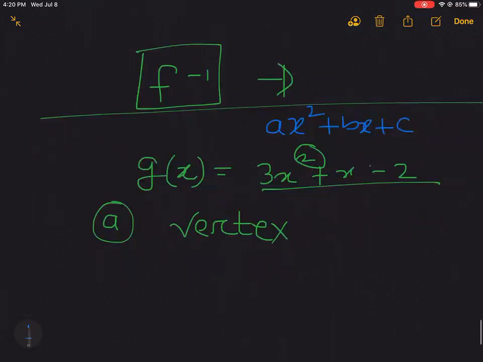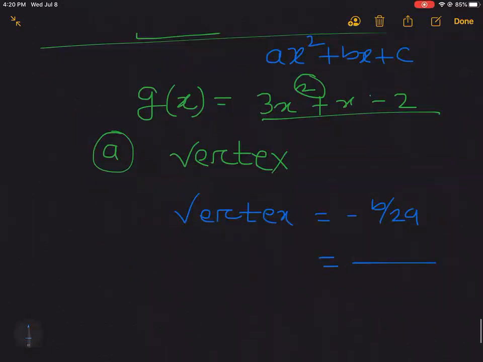So your vertex should be negative b over 2a, which is negative 1, because b is 1, and a is 3, so 2 times 3, so negative 1/6.